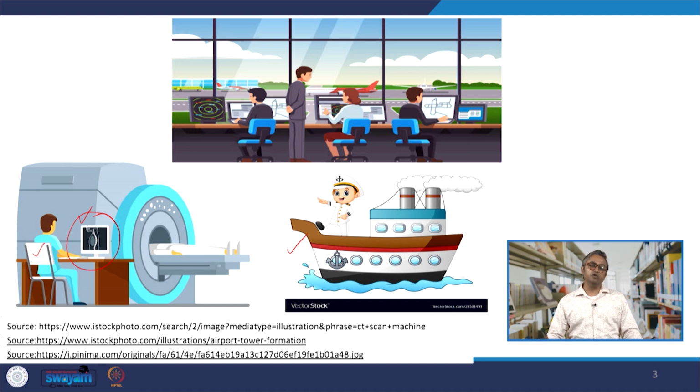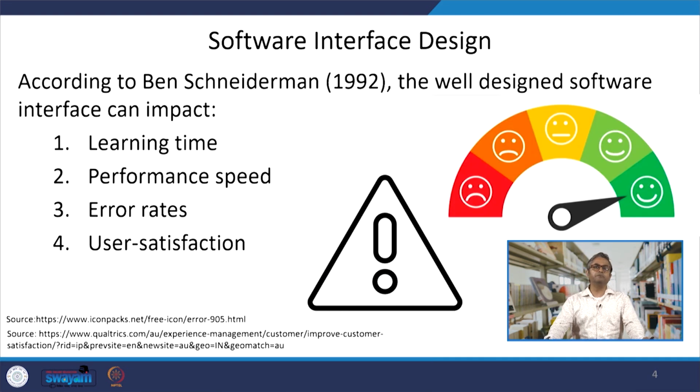Since human-computer interaction came into existence from 1970 to 1980, over the last four decades things have changed drastically. There are several design principles which people have talked about. In this lecture series, we are going to address such small components of interface and design, and how they play a crucial role in helping the efficiency and performance of the user.